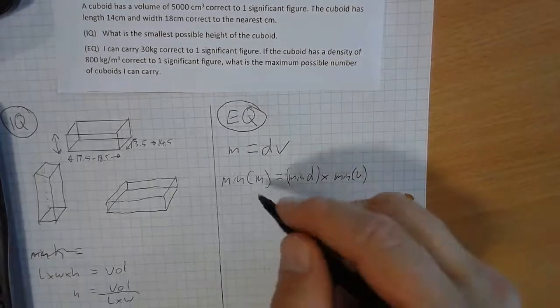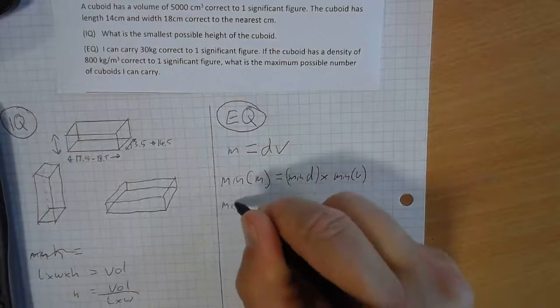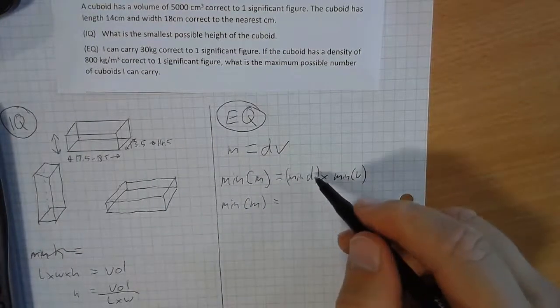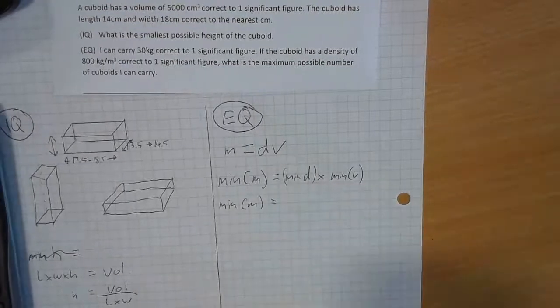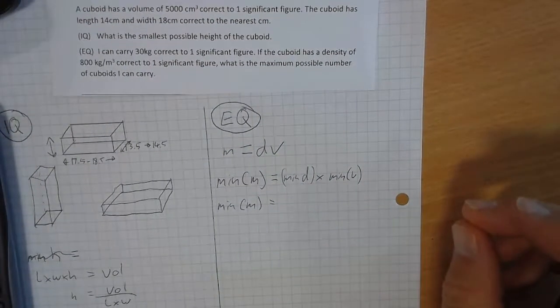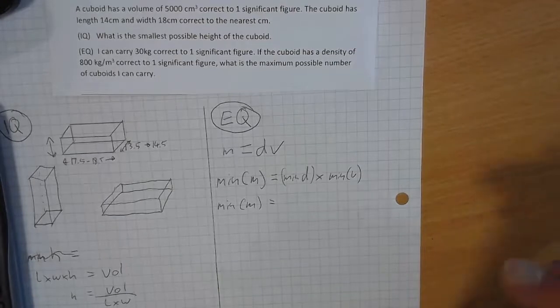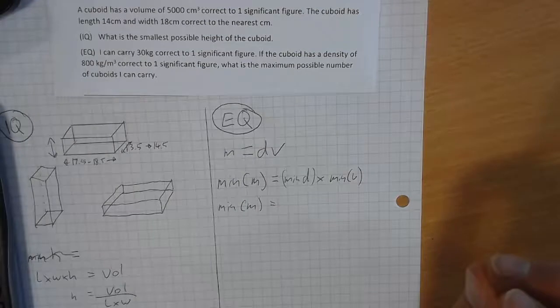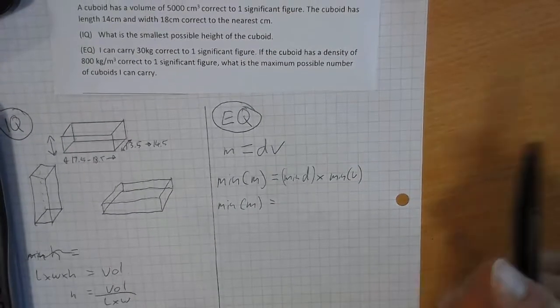Okay, so my minimum mass is going to be, right, my minimum density. Now here we have to be really careful, and I did put this in as a bit of a trick to trip you up, really, and they will do that in the exams as well.